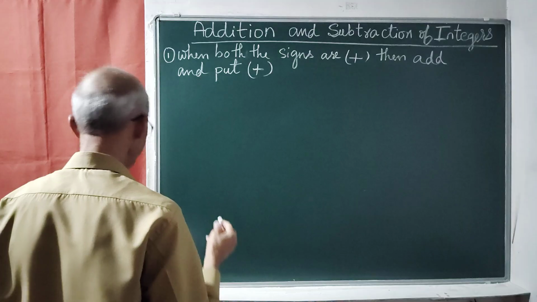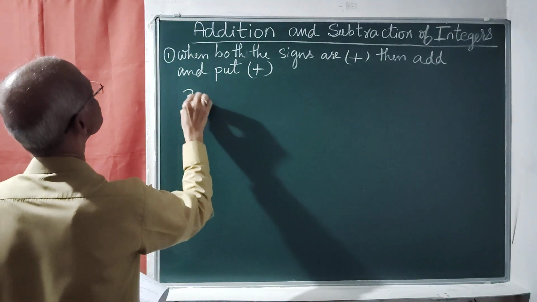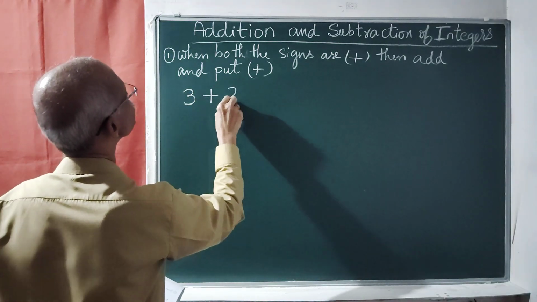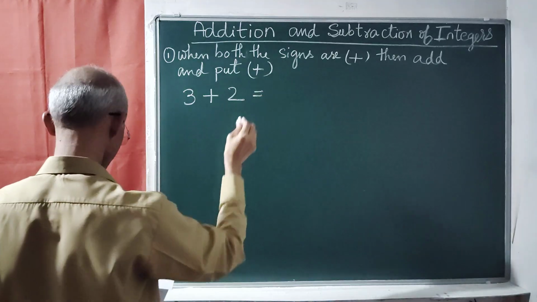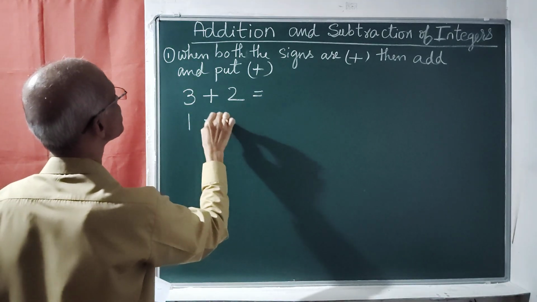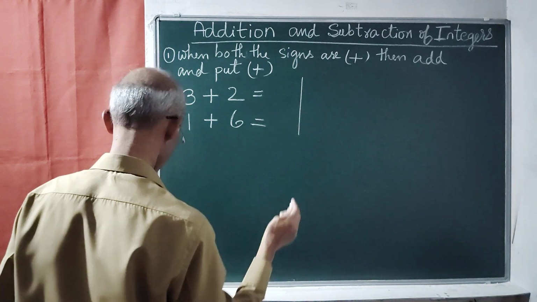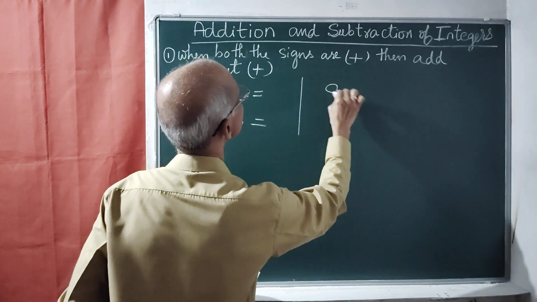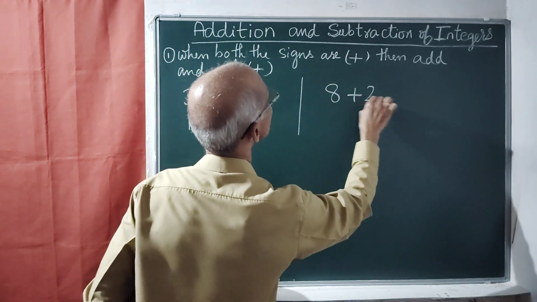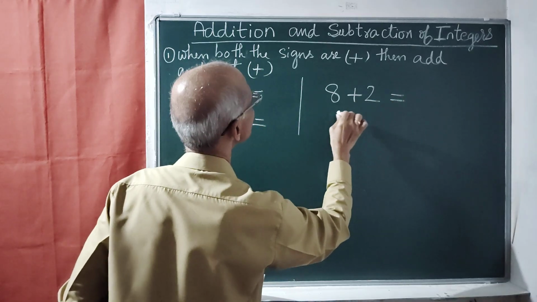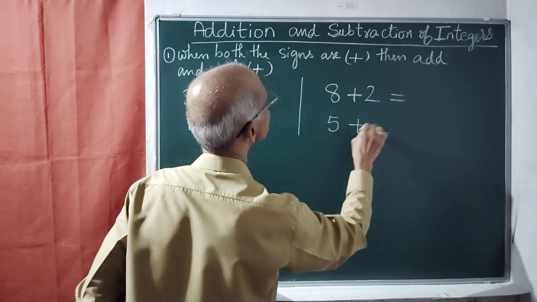We will take some examples. +3 +2, +1 +6, +8 +2, +5 +2.